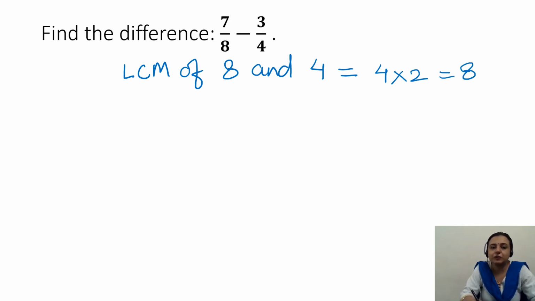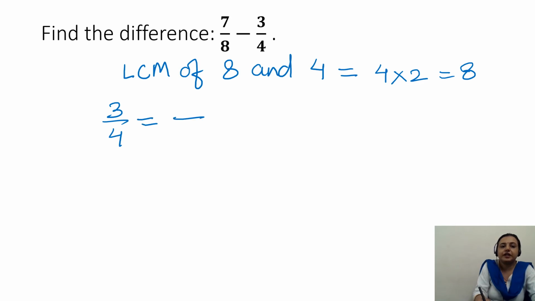Now see the denominator of the first fraction. Already it is 8. No need to change here. But in the second fraction, we need to multiply it by 2. So 3 upon 4 can be converted into 8 as the denominator, and here I need to multiply by 2 like this. Okay.